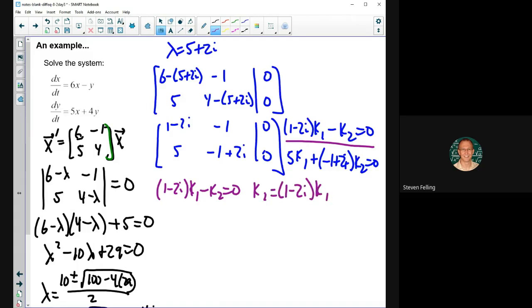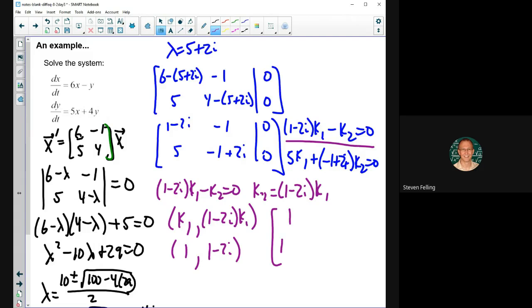And that means that my solution form is, I can pick whatever k1 I want, and then k2 is going to be equal to 1 minus 2i times k1. So I can pick any value I want. So let's go ahead and pick for k1, maybe we'll pick the value 1, okay? And then that would make this 1 minus 2i. And so that means that we've got the vector 1, 1 minus 2i.